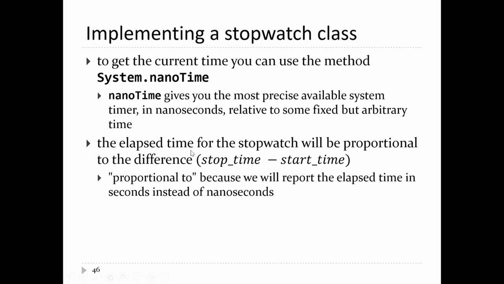If you want to compute how much time has elapsed between a start and stop time, you call nanoTime when you start the watch, and you call nanoTime when you stop the watch. You can then compute the amount of time that's elapsed by taking the stop time minus the start time. And that will be in nanoseconds.